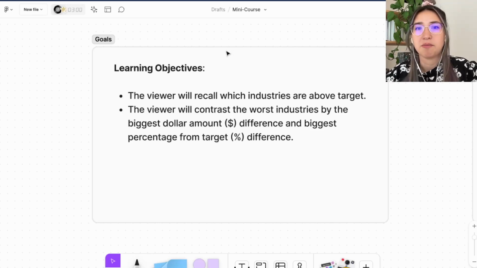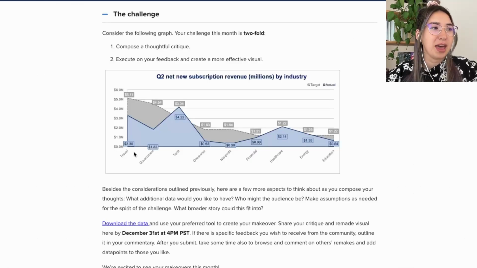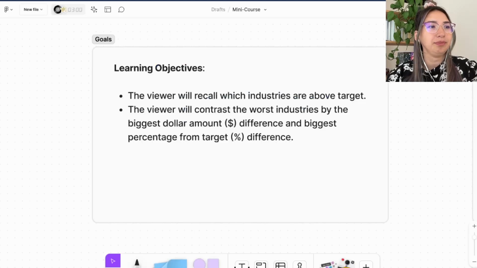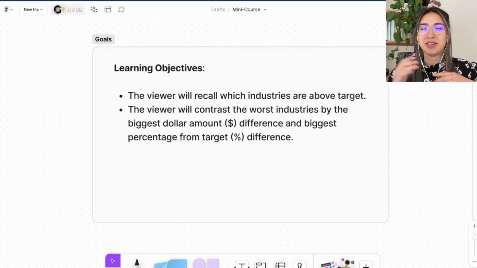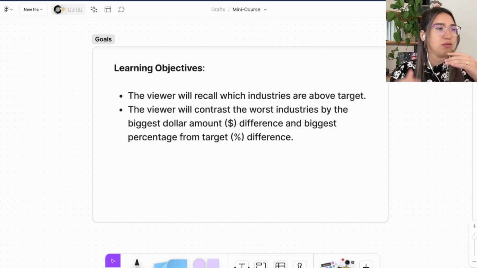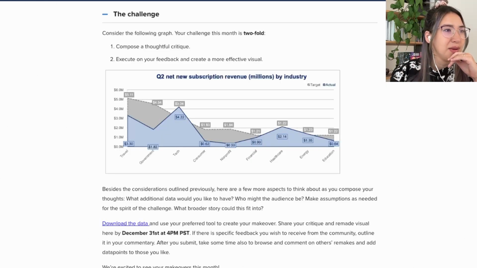First, I think a good goal would be to recall which industries are above target. There are 3 of them which are above target: tech, healthcare, and energy. And then there are 2 different measures we could use to figure out which one's the worst, because there's a target, but there's the amount by which you didn't meet the target, like the net amount, which is in millions.